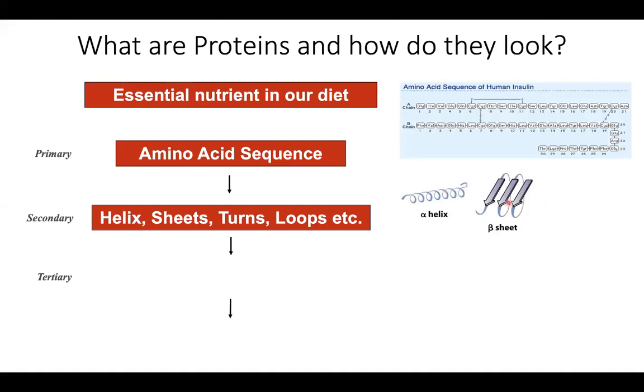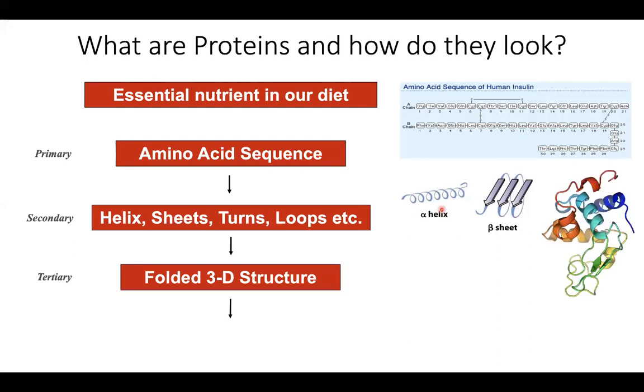Secondary structural elements can fold to give rise to a folded 3D structure, which may look something like this. You see, you have the helices, you have those beta sheets, and they fold into a compact structure to give rise to the tertiary structure of a protein.